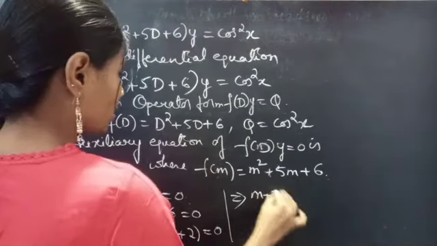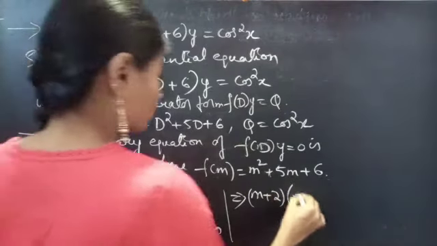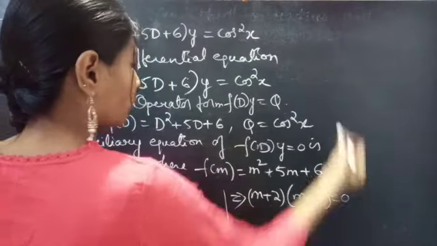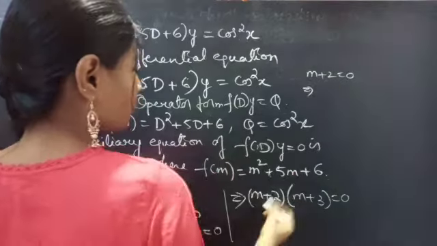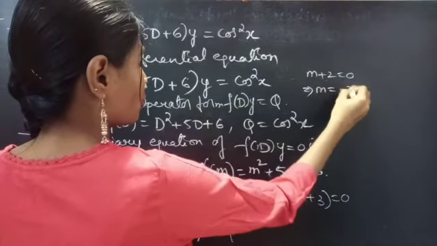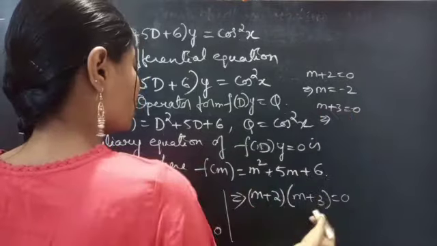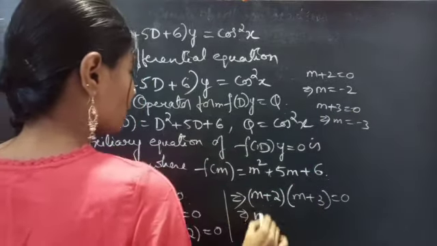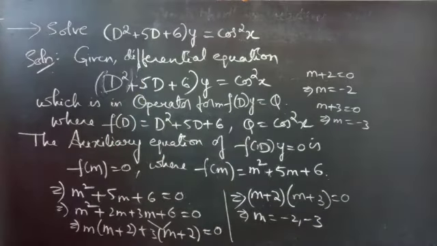We'll get (m plus 2) into (m plus 3). Now equate each factor to 0. If you equate the first factor to 0, we'll get m equals minus 2. By equating the second factor to 0, we'll get m equals minus 3. So from this, we'll get m equals minus 2 and minus 3. Here the roots are real and distinct.